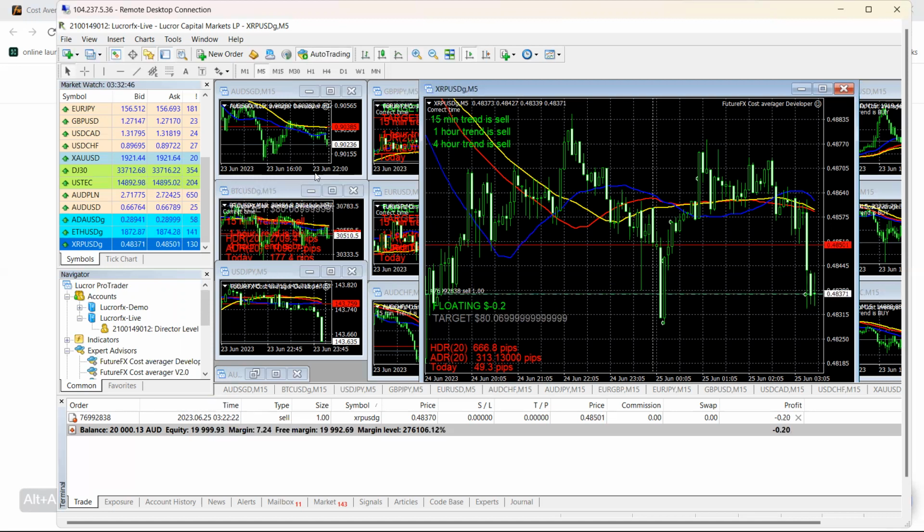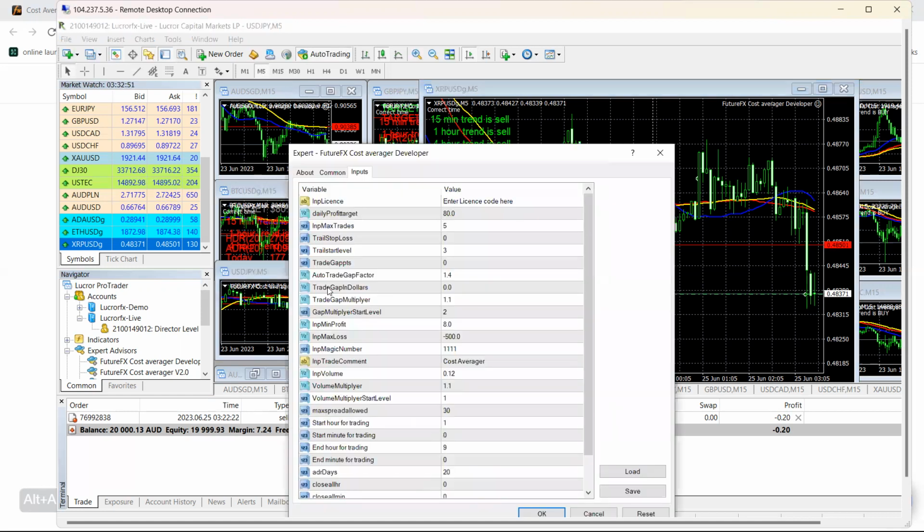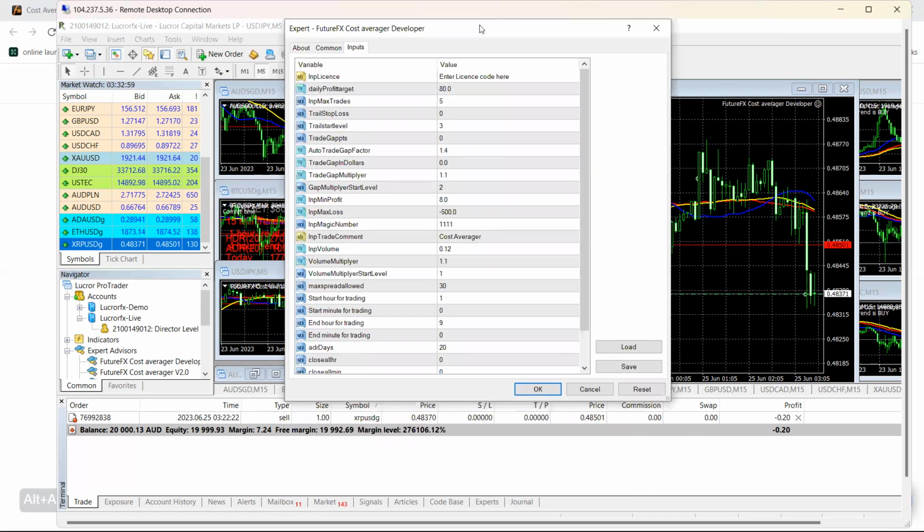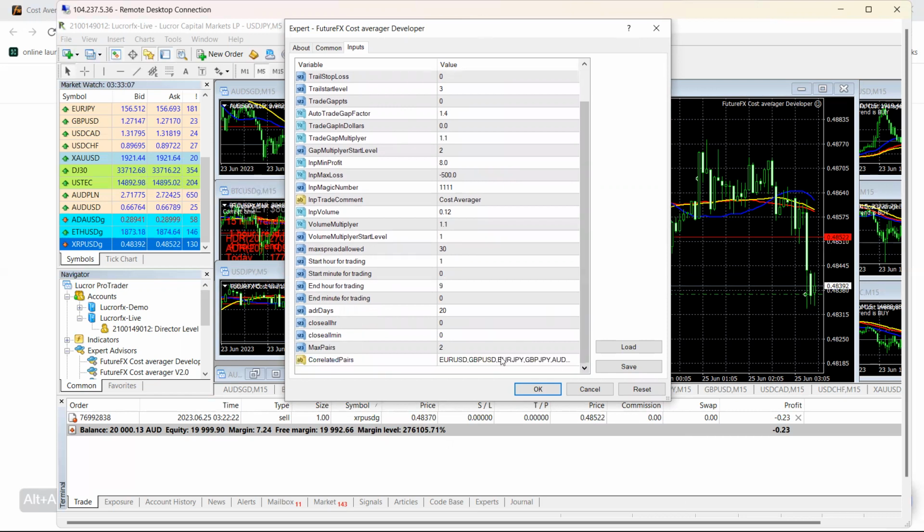But anyway, getting on to settings, I'm just going to open up the settings here on this one. This is just for USD/JPY, but I'm using almost the same settings on most pairs. On all the Forex pairs, I'm using exactly the same settings, except down the bottom here, I've got the correlated pairs. Each pair requires me to type in different correlated pairs.